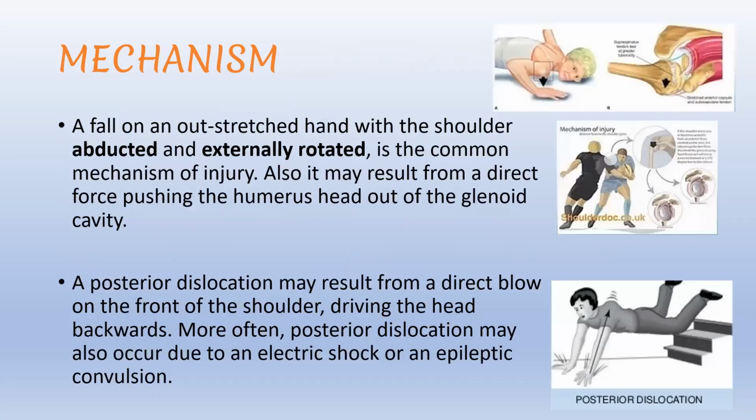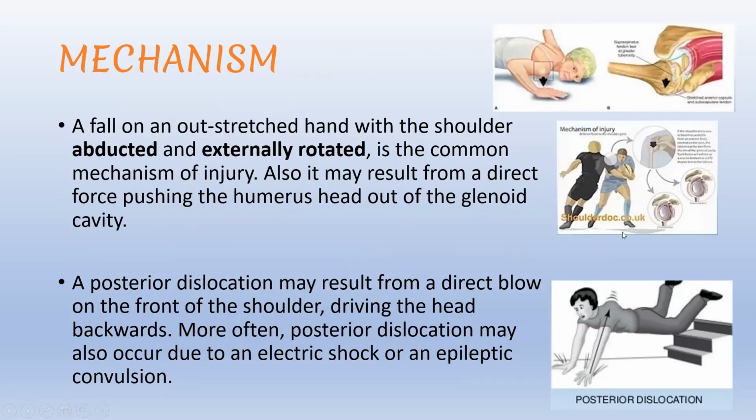Mechanism: a fall on an outstretched hand with the shoulder abducted and externally rotated is a common mechanism of injury. Also, it may result from a direct force pushing the humerus head out of the glenoid cavity. Here we can see that this granny fell anteriorly on her ventral side, and therefore the shoulder has come anteriorly.